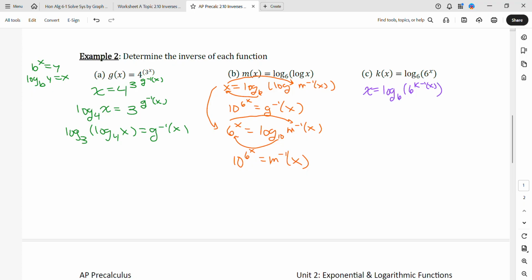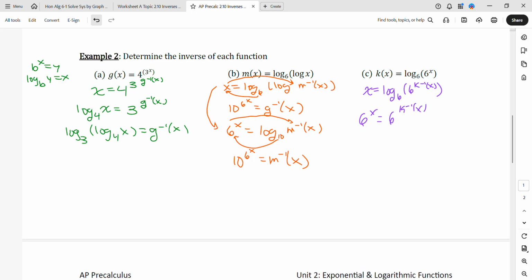So how could I rewrite this one? 6 raised to the x equals 6 raised to the inverse of k of x.